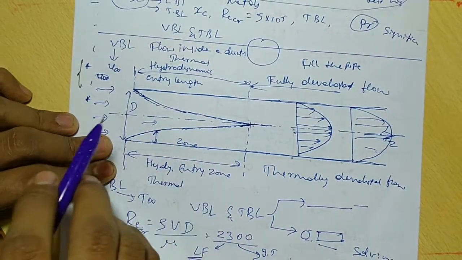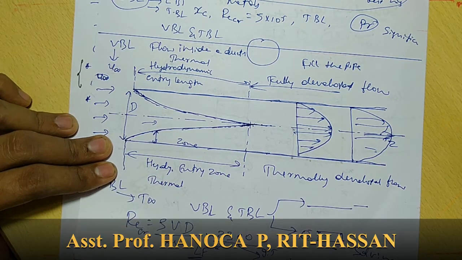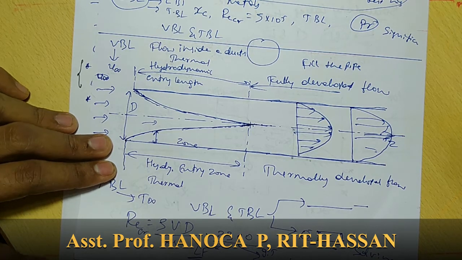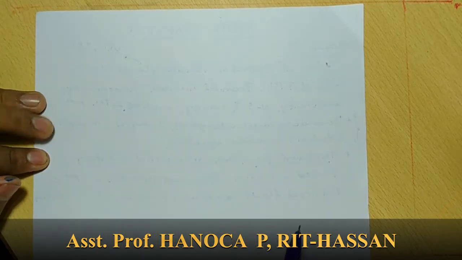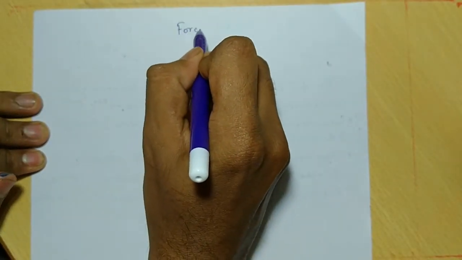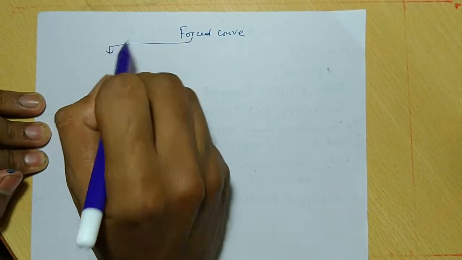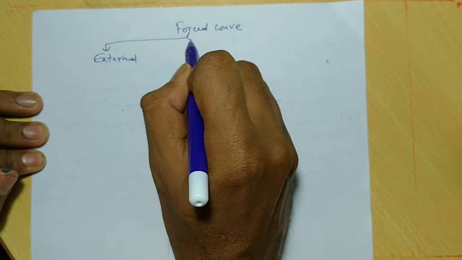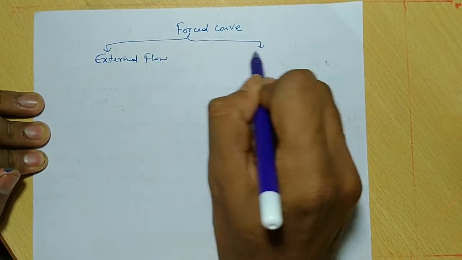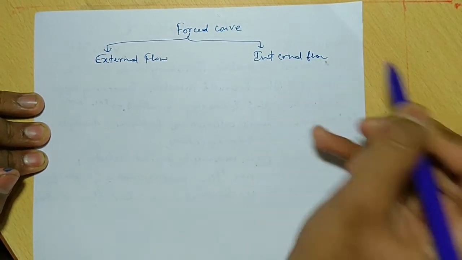Here also in the flow inside the ducts, you will get laminar flow and turbulent flow. There will be different conditions. Those things are right here. Forced convection: external flow, internal flow.